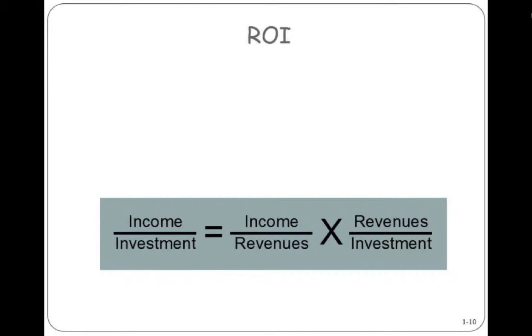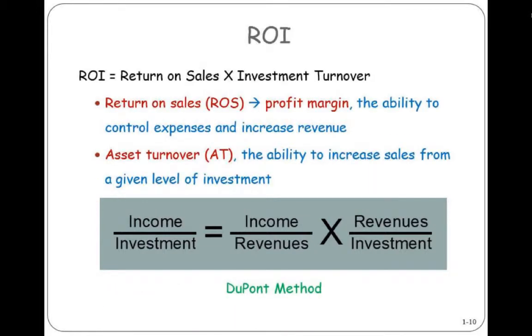Another way of looking at it is income over revenues, times revenues over investment. And since in math you get to cross those out, it's still income over investment, which would say the return on investment is your return on sales times your turnover of inventory, your investment turnover.